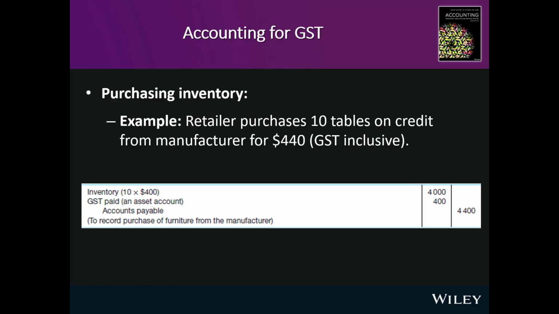To calculate that, you can always do the invoice price multiplied by 10 divided by 11. In this case, $440 multiplied by 10 and divided by 11 gives 400. For GST, easy: the invoice price $440 divided by 11. As simple as that, you get the GST. Of course, the accounts payable, or total price that you need to pay, will be the invoice price, which is $440. So this is the journal entry for that.